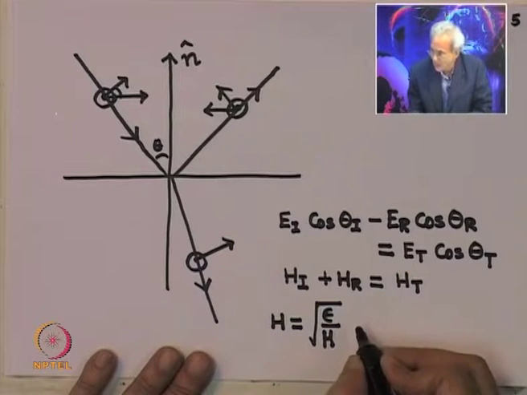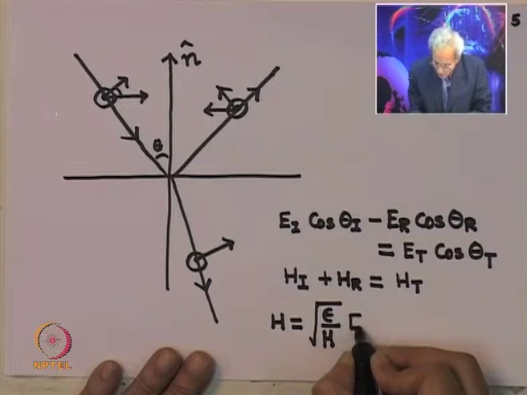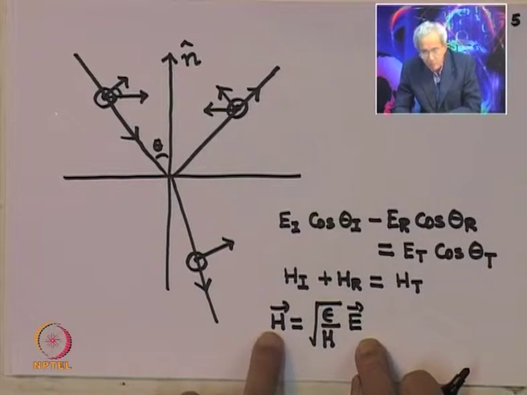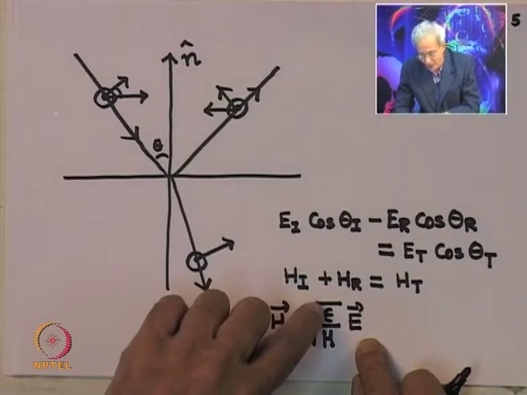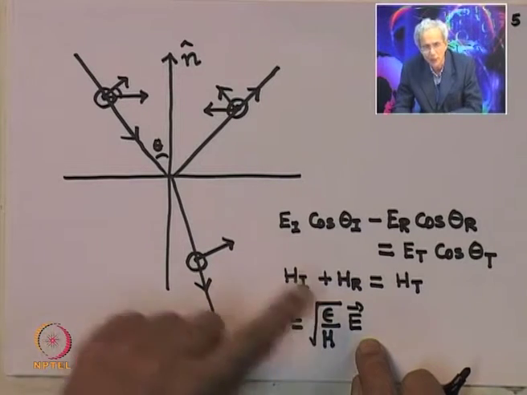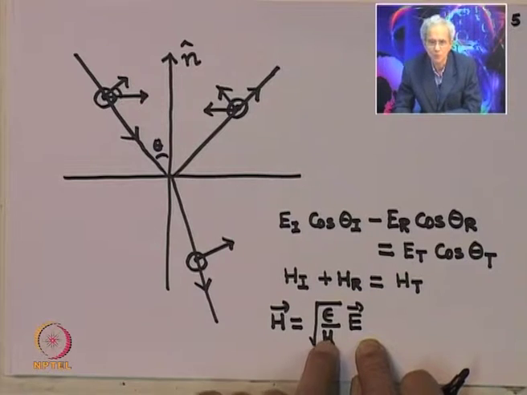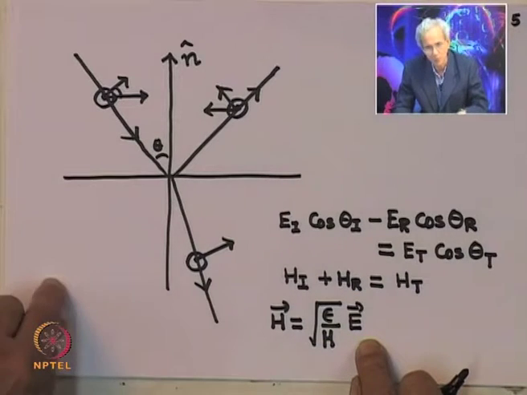Now, this is true in all medium. So, you have to take the corresponding epsilon for the medium in which you are, and similarly mu. Of course, I have said that I will take the mu's to be the same.